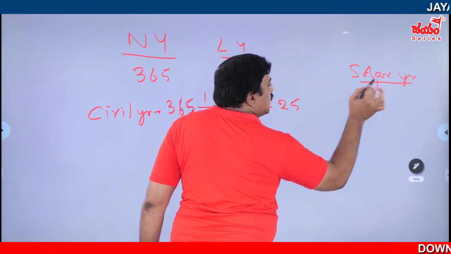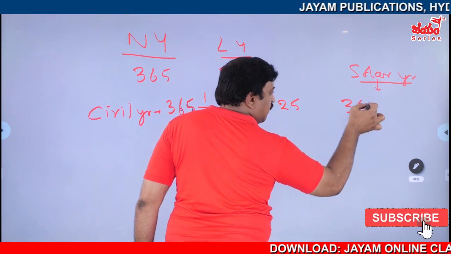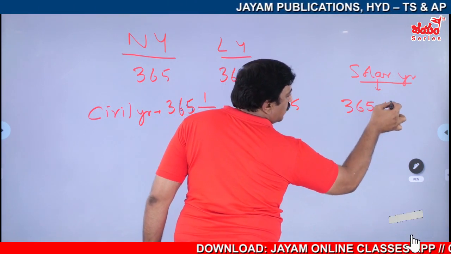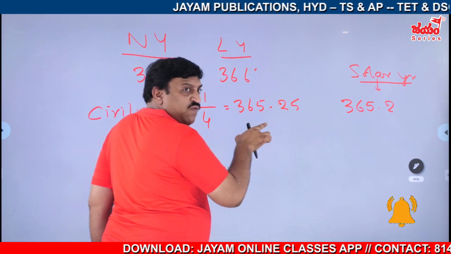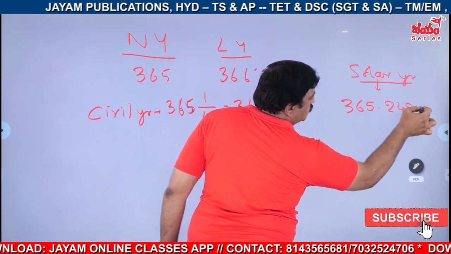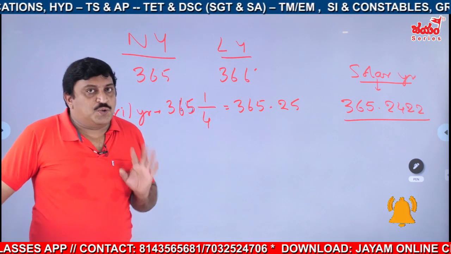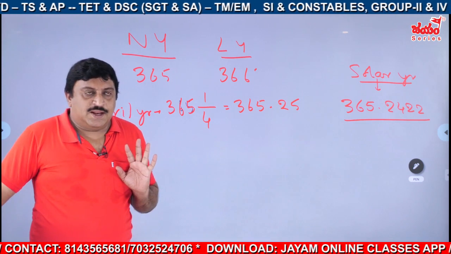Solar means it is exact time. Exactly how much it is: 365 point, it is not exactly 25, it is less than this, 2422. 365.2422. Clear?